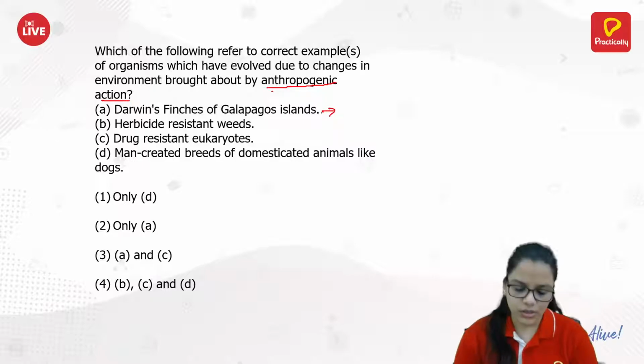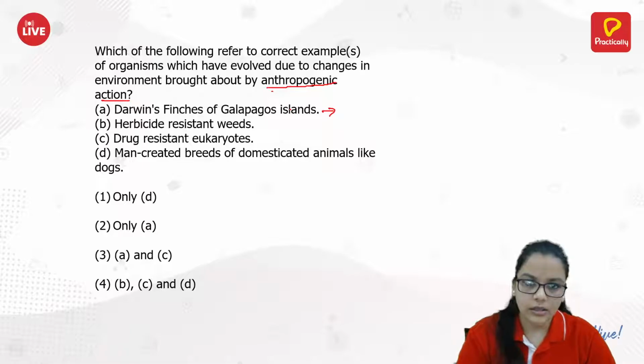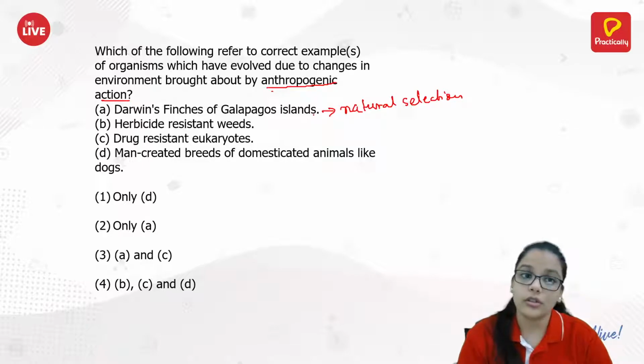It was almost natural selection, so this was not anthropogenic action. Herbicide resistant weeds, this is right. Drug resistant eukaryotes, this is also right. And man created breeds of domesticated animals like dogs, this is also right. So the answer is B, C, and D, 4.